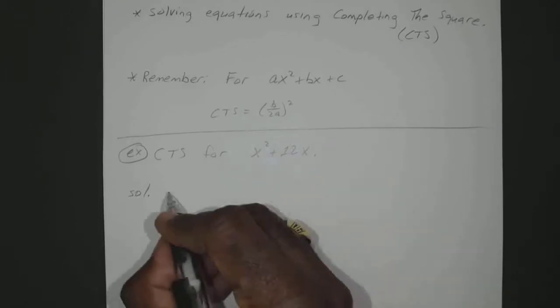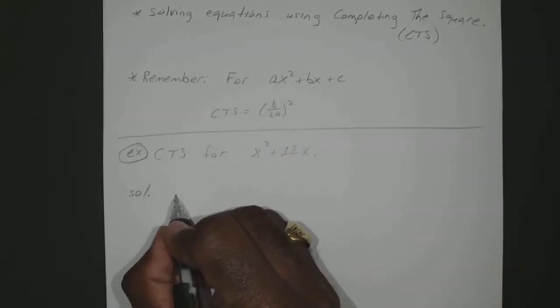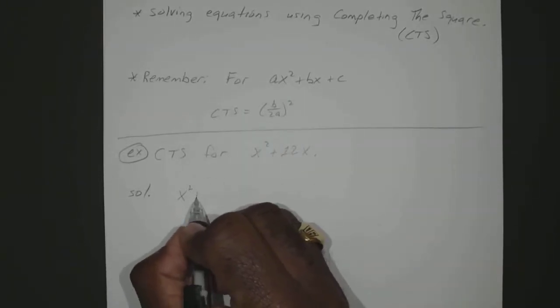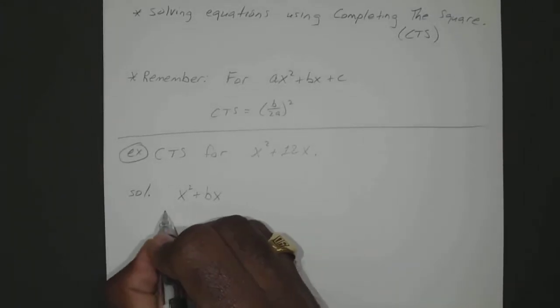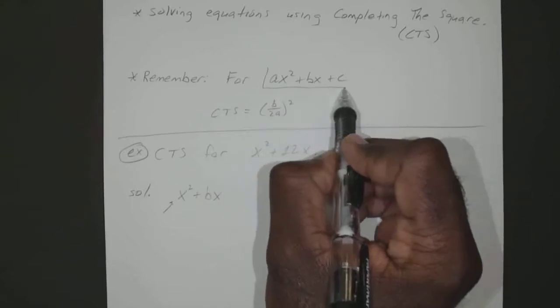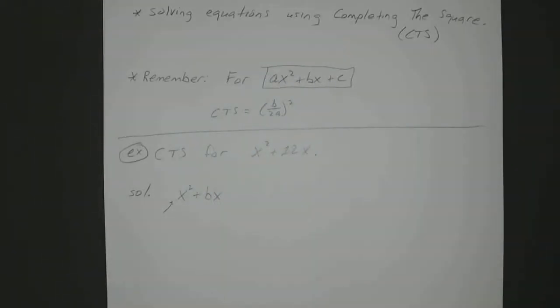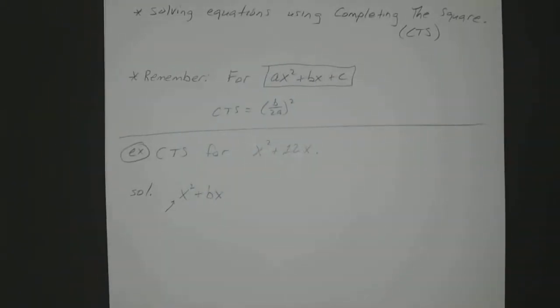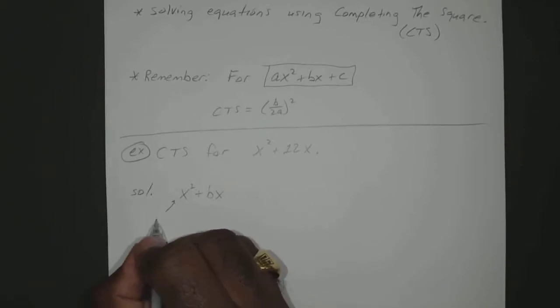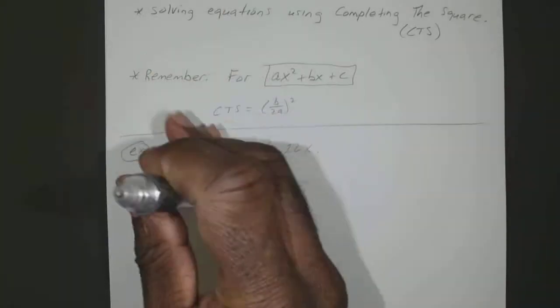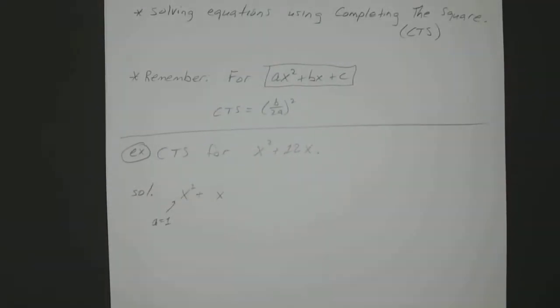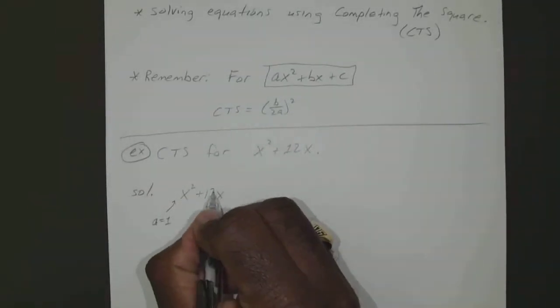Okay, so we have our ax squared plus bx. Since it's in this form, in this case, c is equal to 0, so we don't really need it there. Our a is equal to 1, and our b is equal to 12.